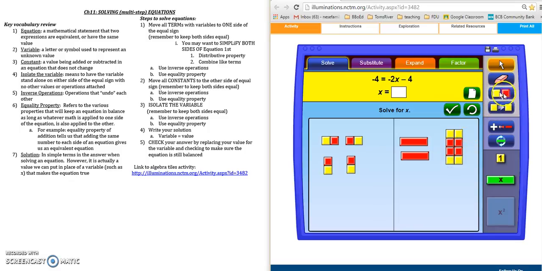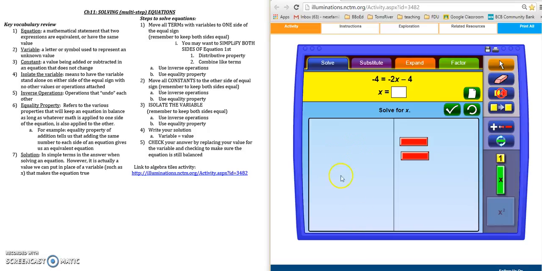This symbol is for zero pairs. You select that, and then you click the pairs that will zero each other out. Positive and a negative is a 0, positive and a negative 0, positive, negative, and you continue that until all of the zero pairs have been removed from both sides of the equation.